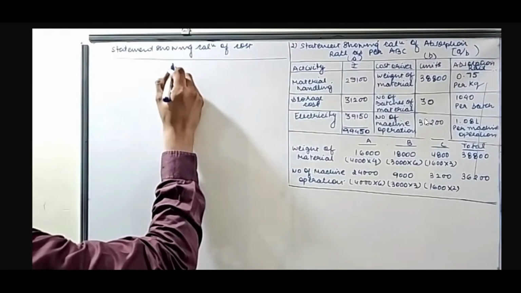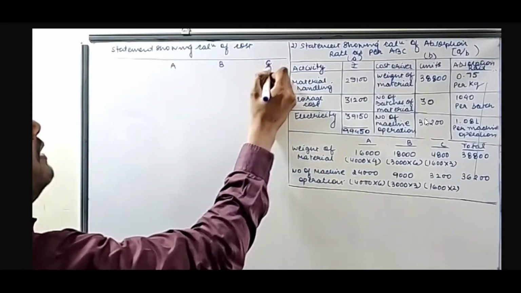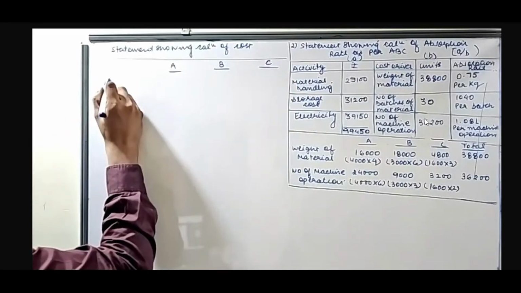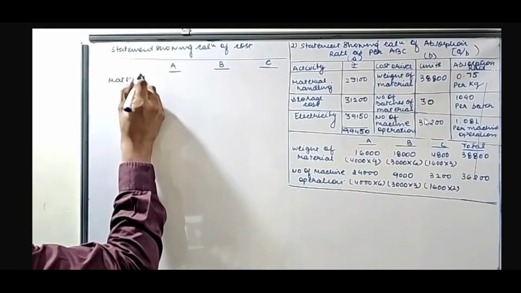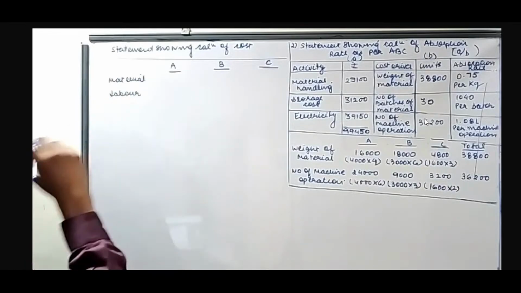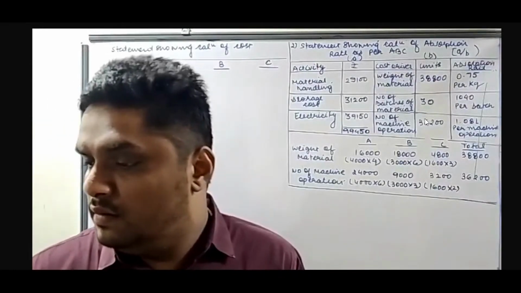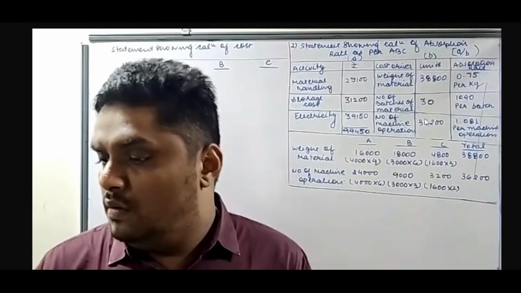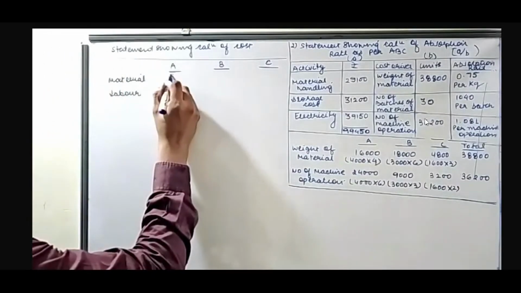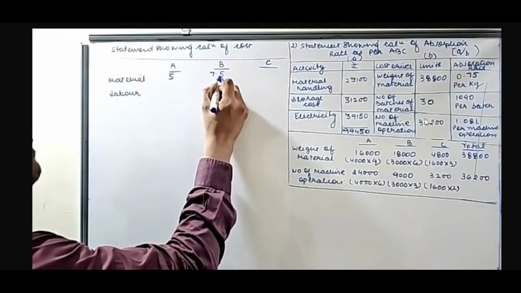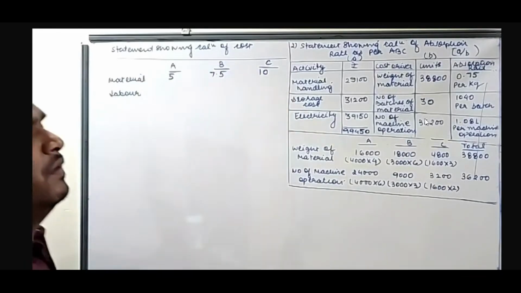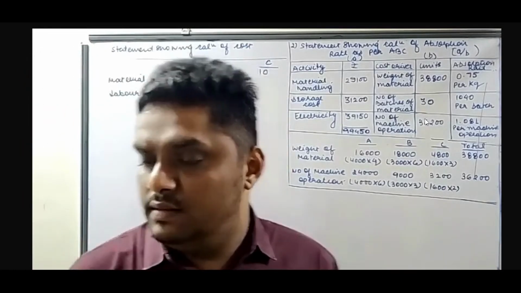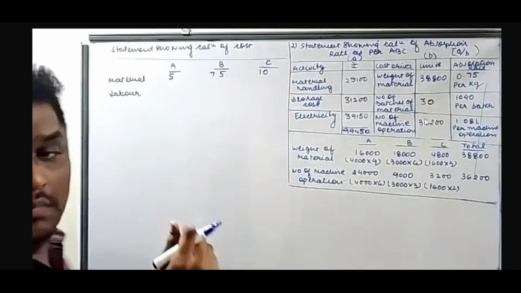There are three products, product A, product B, and product C. The material cost and the labor cost will be the same.